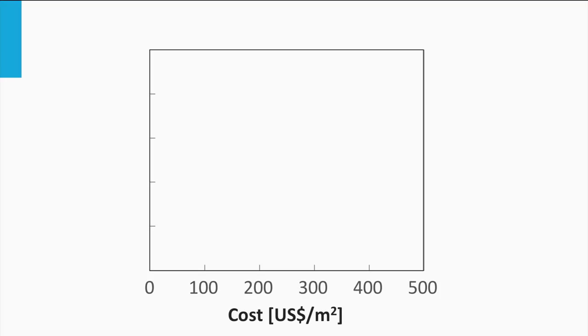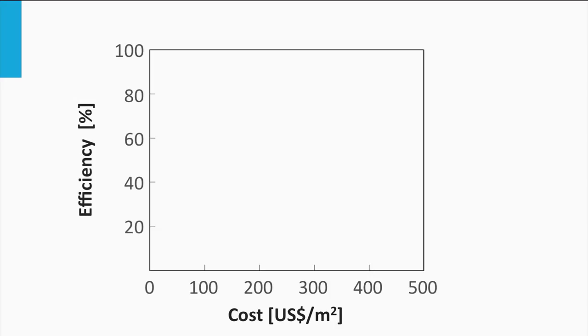For that, we use the graph in which we plot on the horizontal axis the cost price of the solar cell per area expressed in dollar per square meter. So solar cells made of expensive materials or using expensive processing methods will be further to the right on this axis.